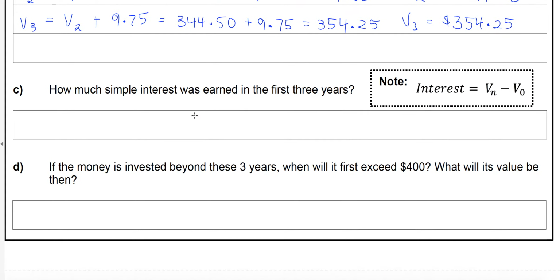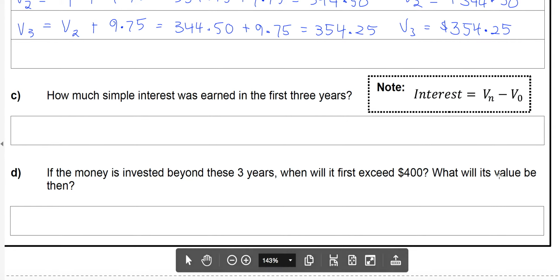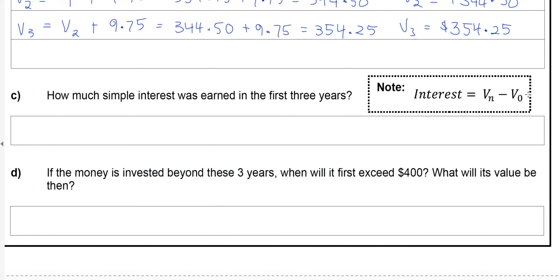Now the next question, how much simple interest was earned in those first 3 years? Well, there's a few ways that you can get this. If you ever want to look at how much interest you've earned altogether, you want to just simply, and I've put that in this note, look at the difference between what you've got and what you invested. So how much is in your account right now compared to how much was in there when you first started.